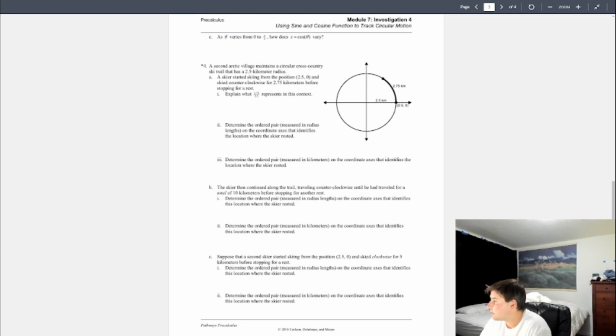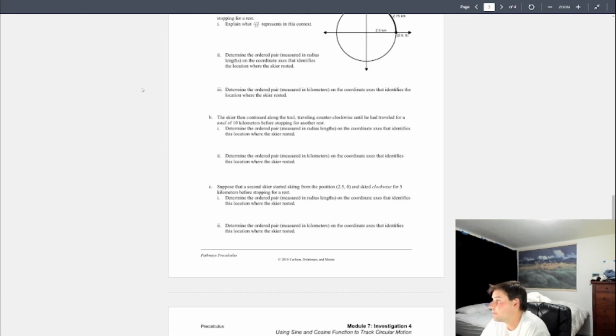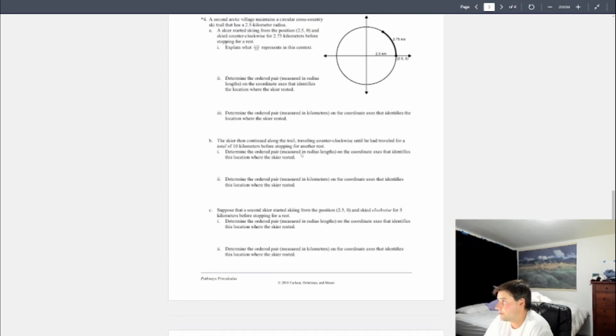The skier then continued along the trail, traveling counterclockwise until they had traveled for a total of 10 kilometers, stopping for another rest. Determine the ordered pair measured in radius lengths on the coordinate axis that identifies the location. I'll just make sure: travel for a total.